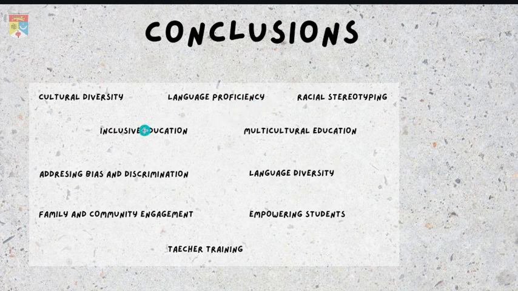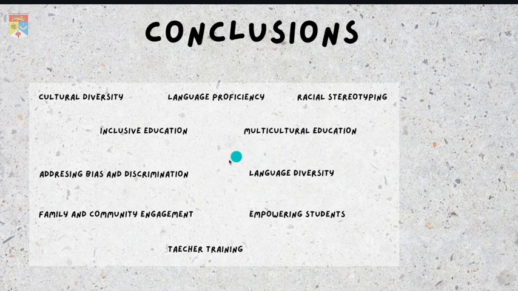Number 4 is inclusive education. Efforts should be made to promote inclusivity and ensure that all students, regardless of their racial background, feel valued, respected, and included within the school community. The fifth one is multicultural education. Schools should prioritize multicultural education initiatives to foster understanding, respect, and appreciation for the diverse cultures and languages represented by Malay, Semai, and Indian students.